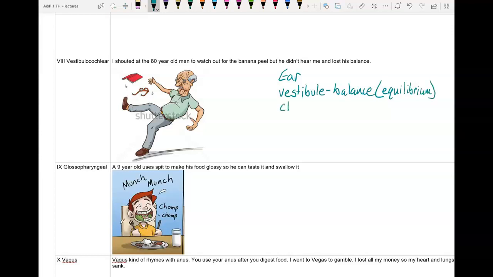And then the cochlea of your ear is the part where your hearing is. So this nerve comes from your ear, connects your ear to your brain, and it has your balance and your hearing.